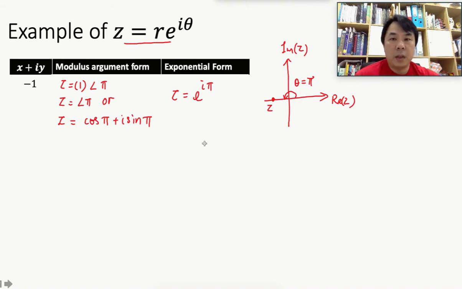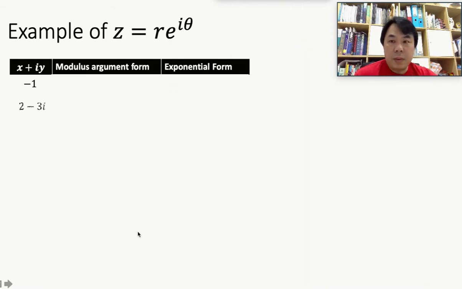All right, now let's move on to the second example. Given here, we have the Cartesian form of this complex number as 2 - 3i. How do we represent that in the form of modulus argument format, and then its exponential counterpart?